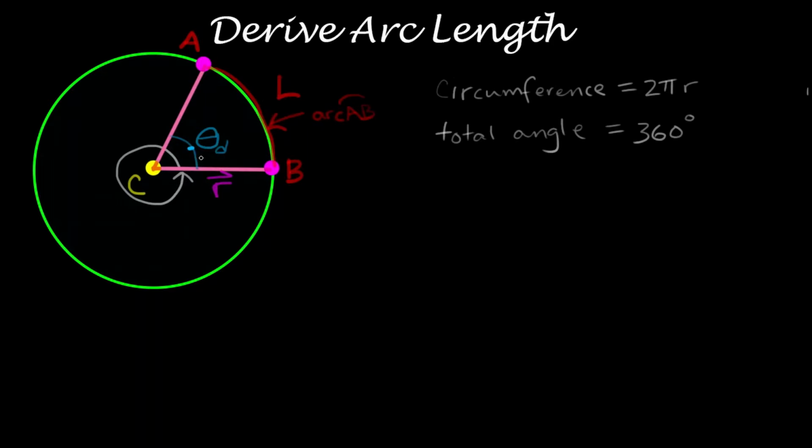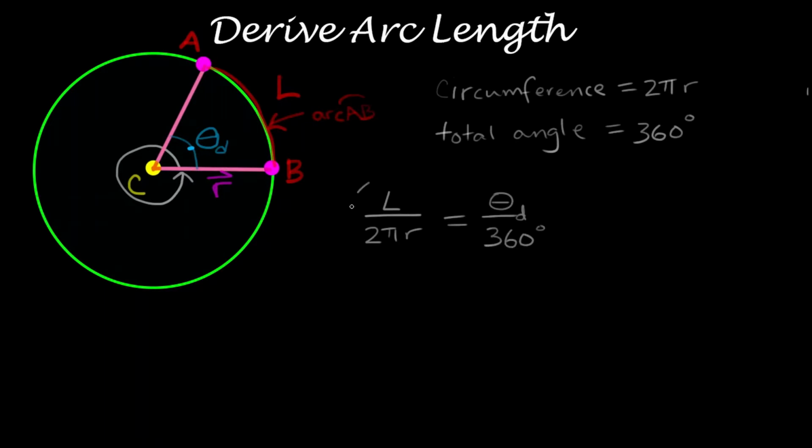It turns out that the relationship between the center angle to the total angle is actually the same relationship as the arc length is to the circumference. So let's go ahead and write that out mathematically. So we have L over 2 pi r equals theta sub d over 360 degrees.